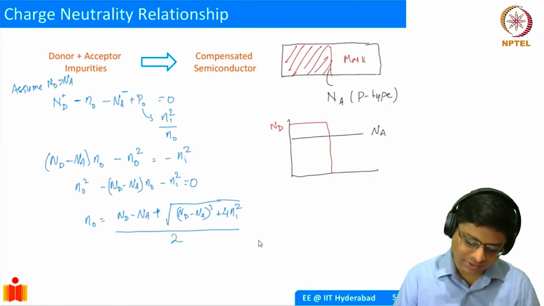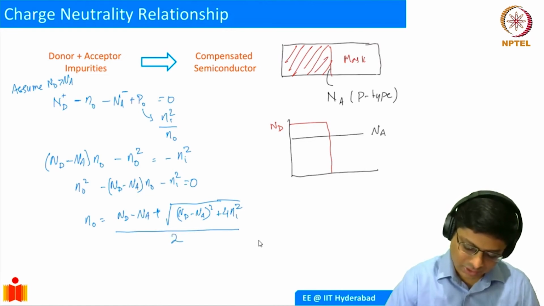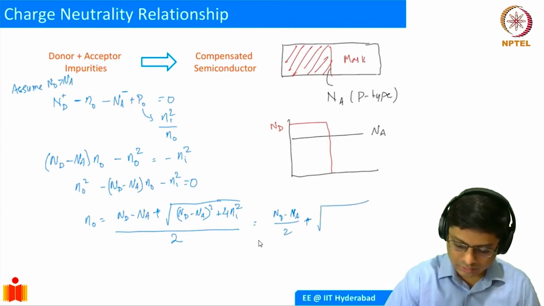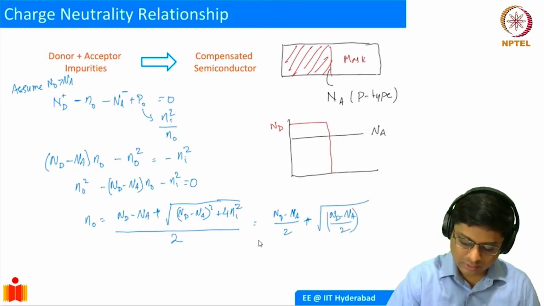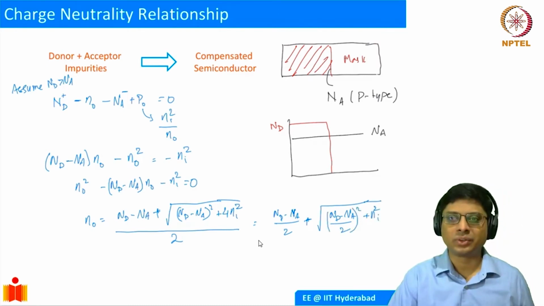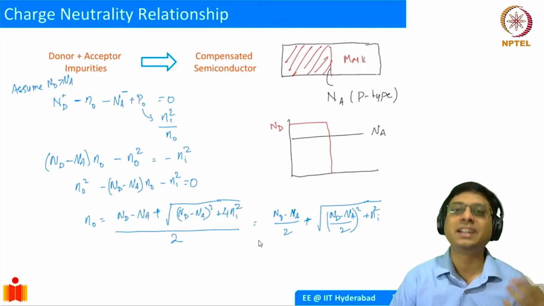Okay, so I can rearrange the terms, and finally you can write this as (Nd minus Na) divided by 2 plus square root of ((Nd minus Na) divided by 2) whole square plus Ni square. So this is your carrier concentration for a case where you have a compensated semiconductor with Nd greater than Na.